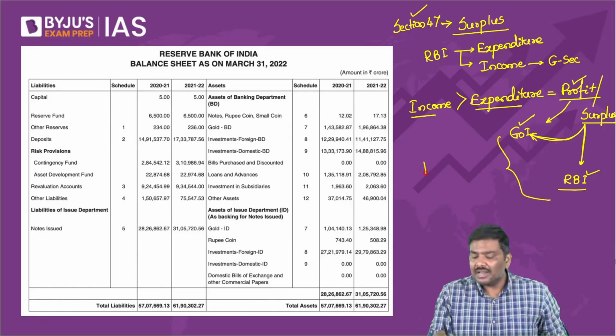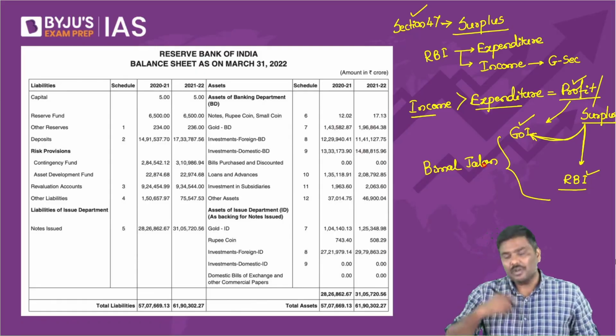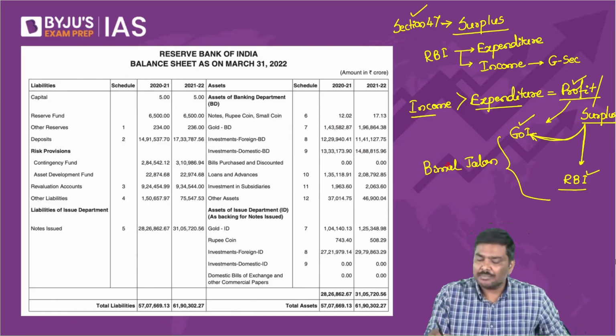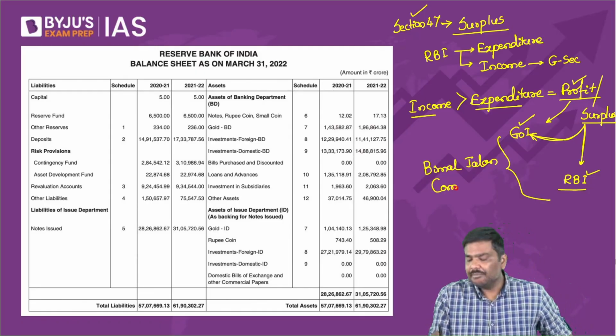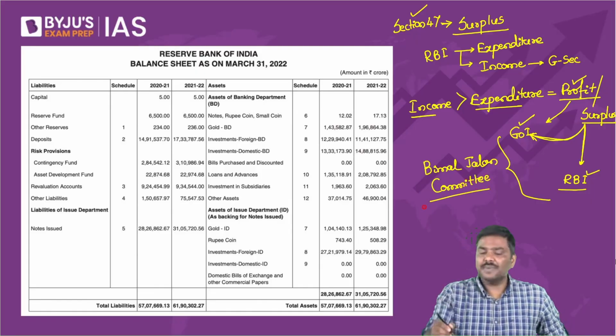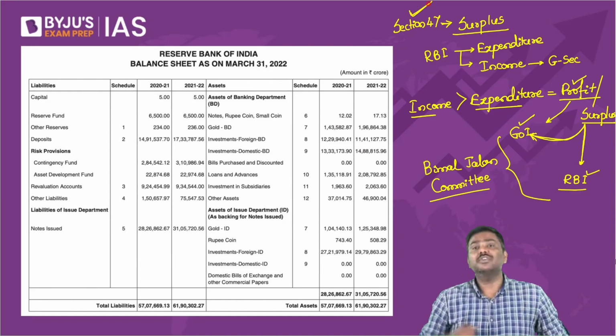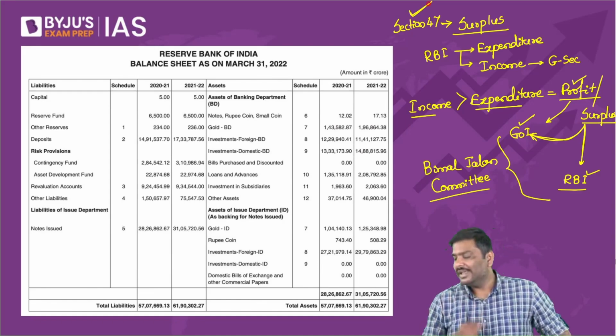There is a formula which has been given by the Bimal Jalan Committee. Remember the name of the committee? There is a formula provided by a committee called the Bimal Jalan Committee, or Bimal Jalan Panel. This is basically related to the concept of Section 47.